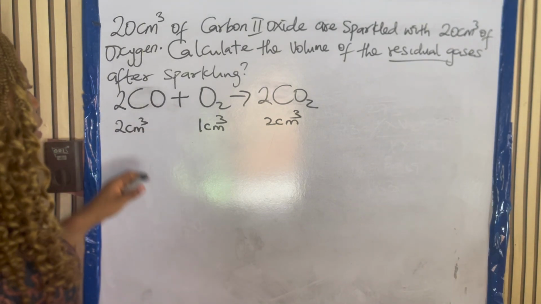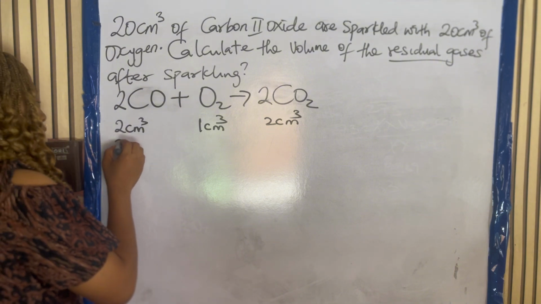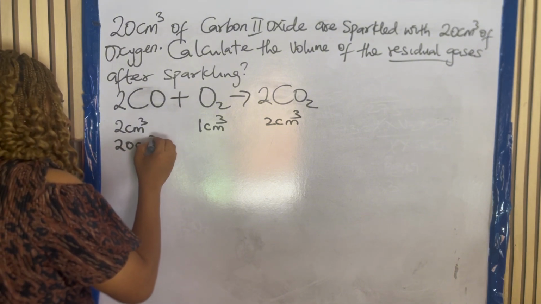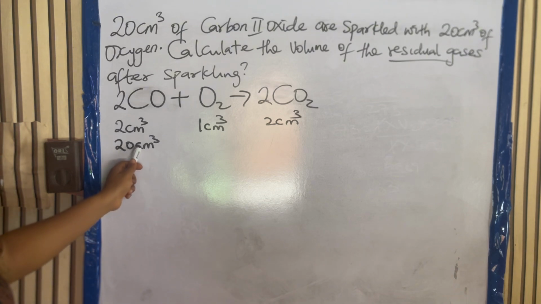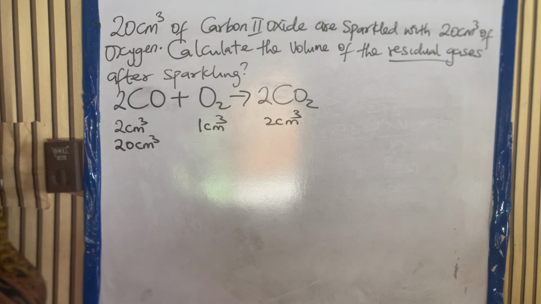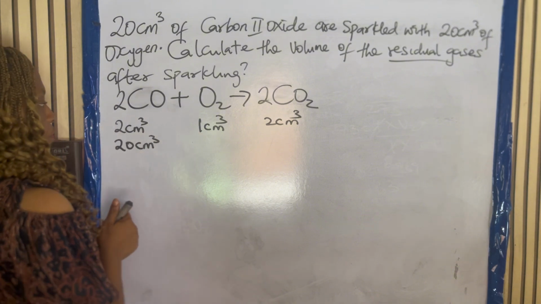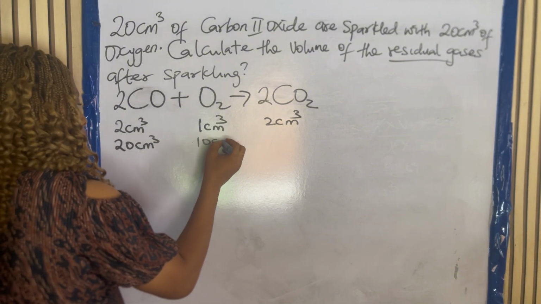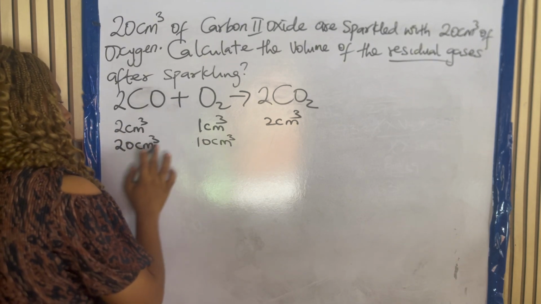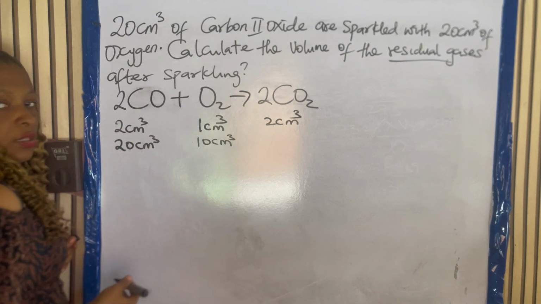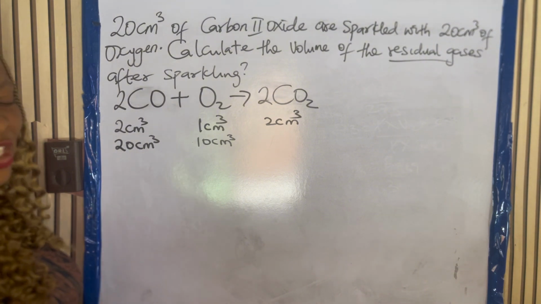That tells you that we need more of this than this, right? So for 20 cm cube, how many will be used? It will be 20 times 1 divided by 2. That will give us 10. Otherwise, you can say 2 cm cube gave me 1 cm cube. 20 cm cube will give me how many? Divided by 2, right? 10 cm cube.